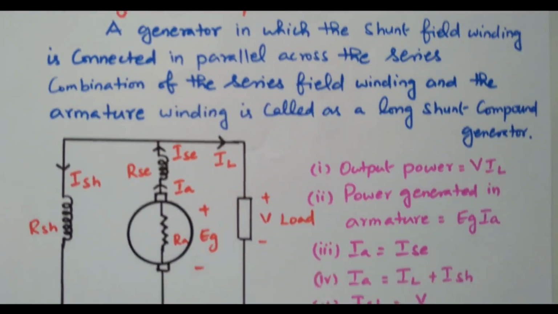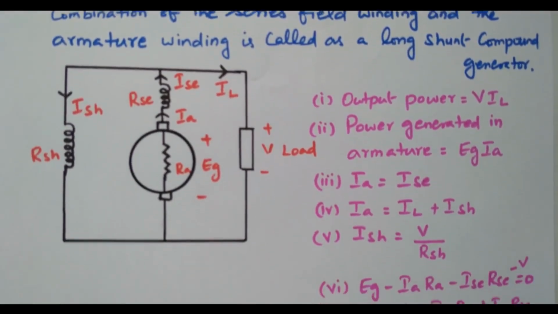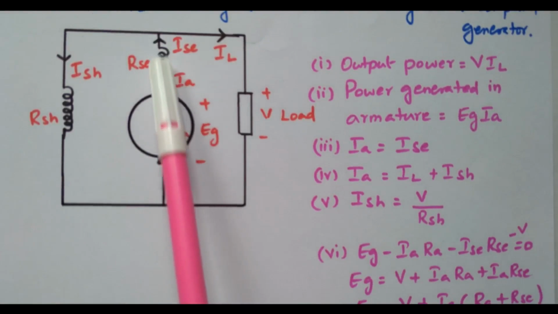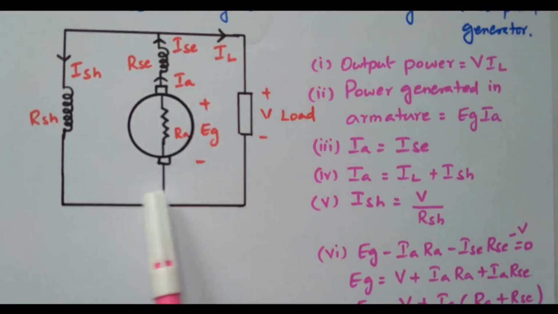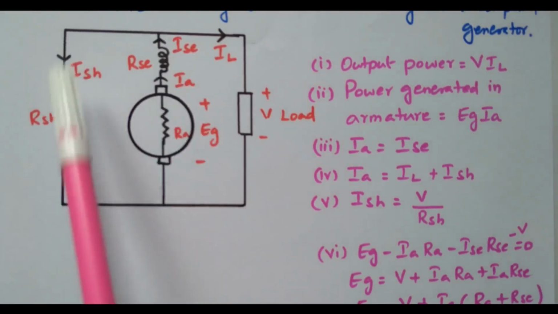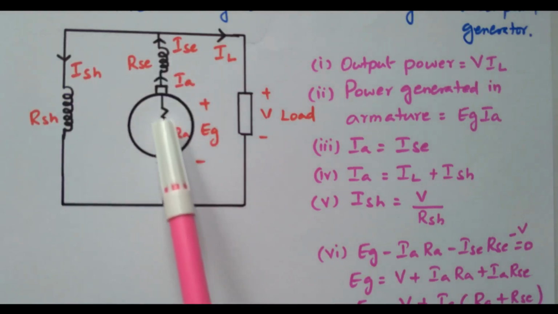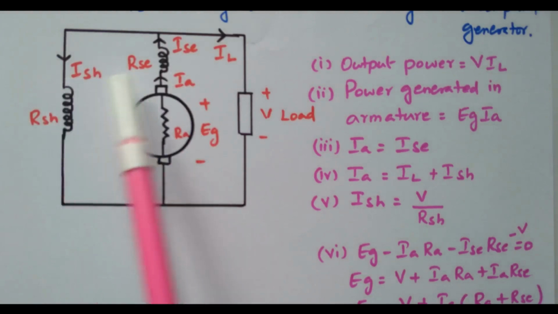We will see the diagram, so it is easier to understand. Here the armature winding is available, and immediately the series winding is connected. Across these two, the shunt field winding is connected, so it is a long shunt. The series winding comes immediately, and the shunt winding comes afterwards, so that is called a long shunt.